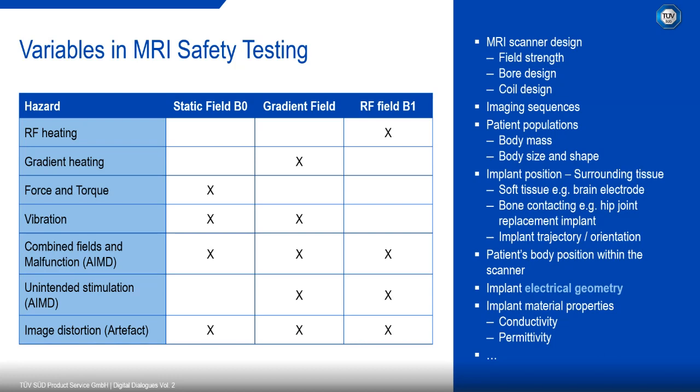Patient's body position within the scanner depends on which part of the body the image is required, so the position of the body inside the bore is different. Implant electrical geometry is one of the most important parameters. It's not only the physical geometry, but the electrical geometry. Implant material properties, like the conductivity and permittivity. So these are the parameters and variables in MRI safety testing.